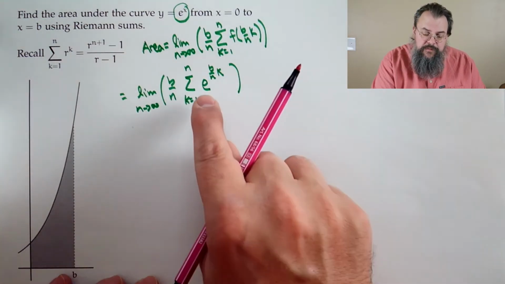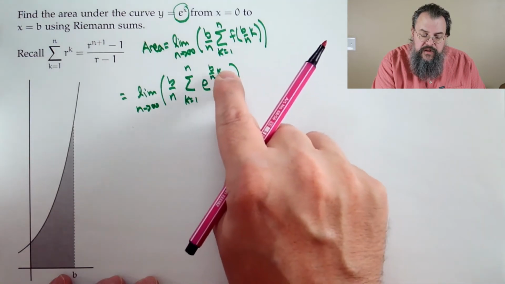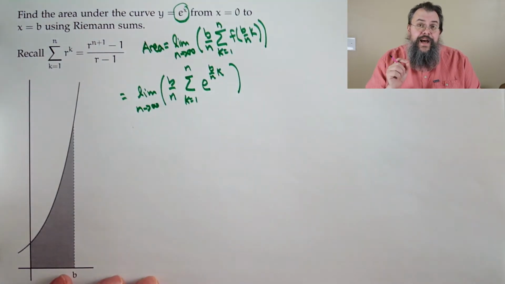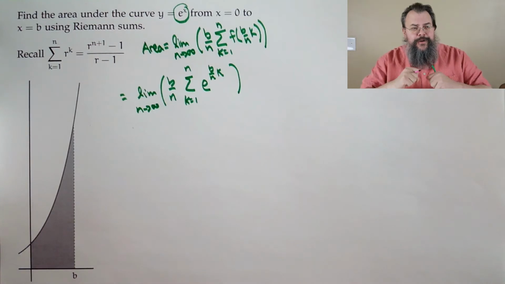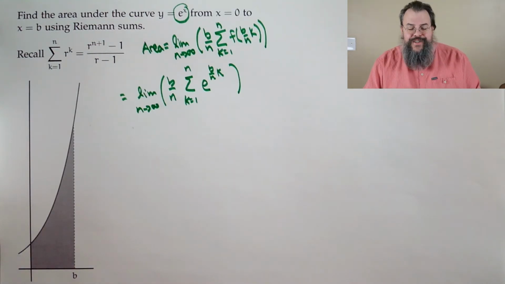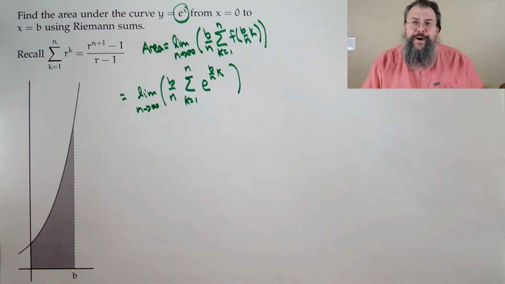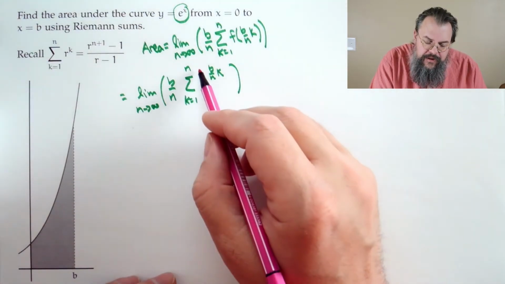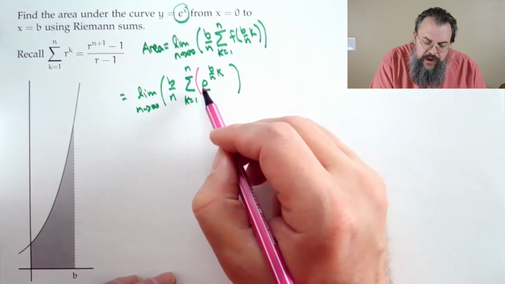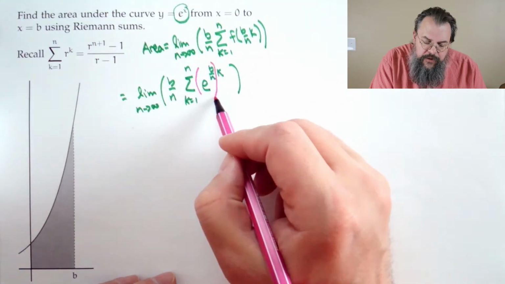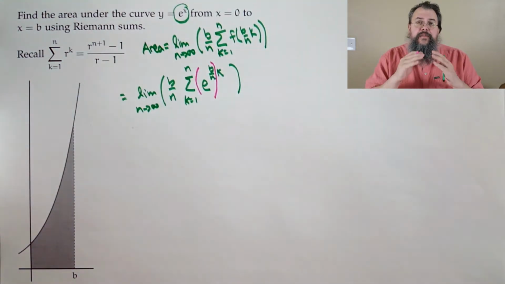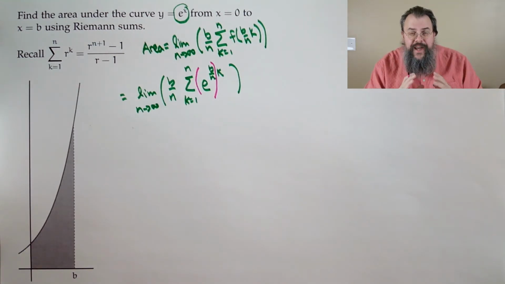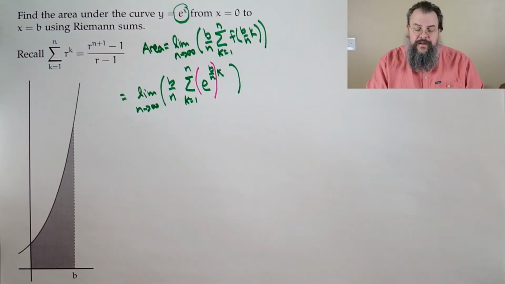Currently it's e to something, and there's a k upstairs, but there's some other stuff as well. Now is our time to flex our exponential knowledge. Oh yeah, we know about exponents. We can think of it in this format, namely as e to the power b over n, and all of that to the power k.